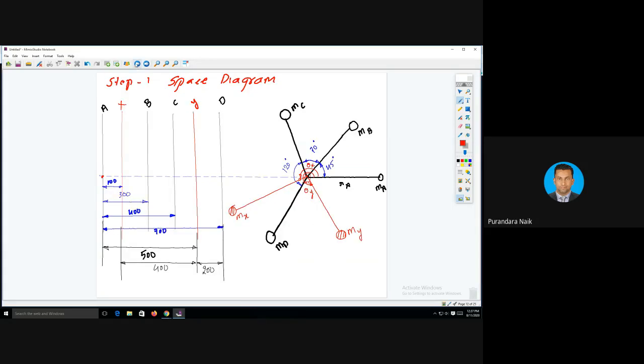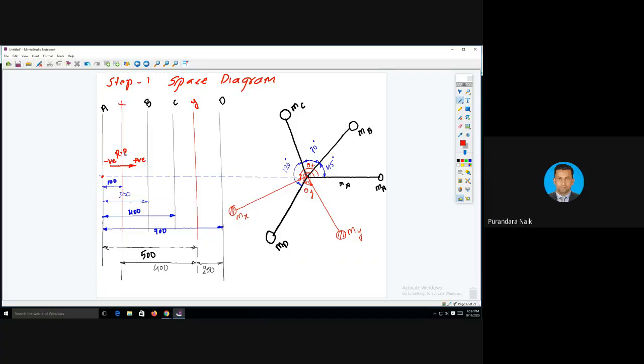You come back to the space diagram. Here you need to select a reference plane. So I'm going to select x as a reference plane. That's why you need to write RP here, because it is a reference plane. All the measurements will be taken on the left side as well as the right side. In the right side, it is positive. In the left side, it is negative.